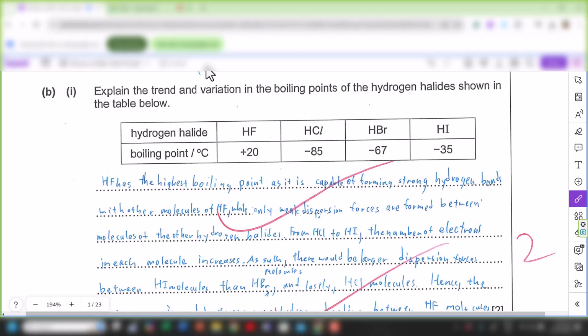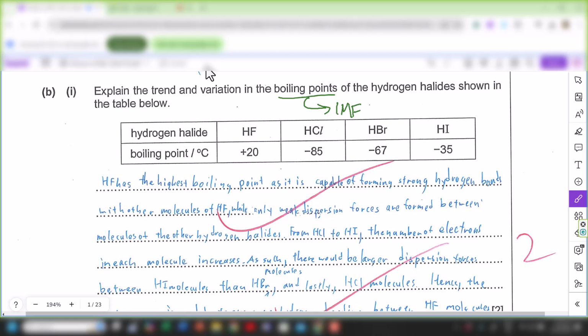Okay, so the question actually asks you about boiling point. So for boiling points, I think the first thought process you need to have is to look at the intermolecular forces of attraction. I think that is important for you to recognize, because if you don't, then it's not possible to do the question correctly.